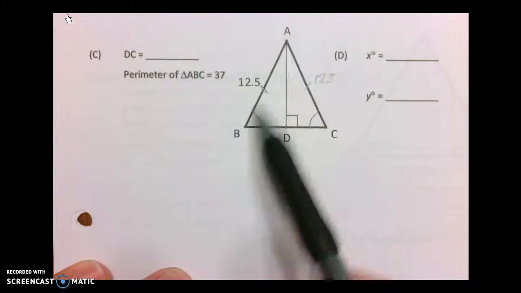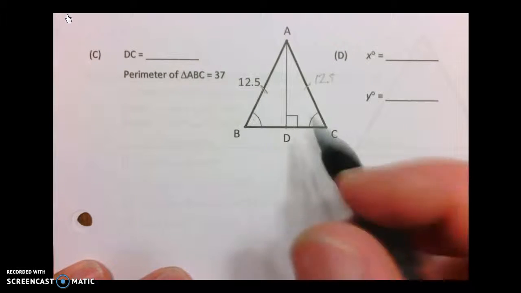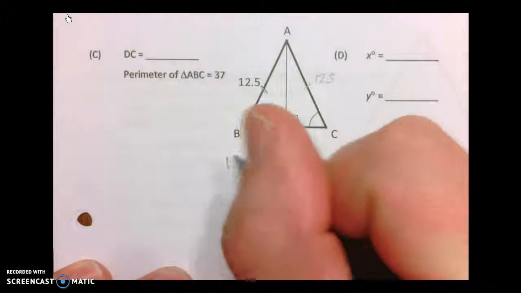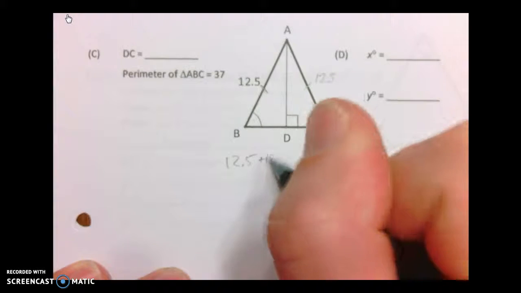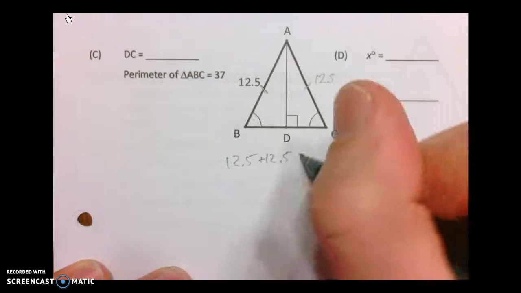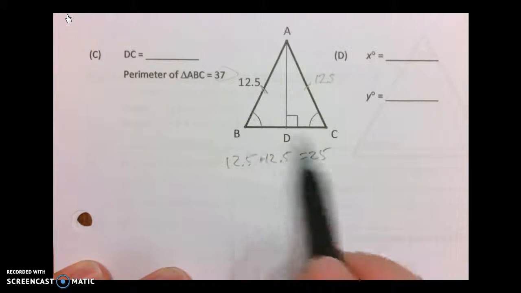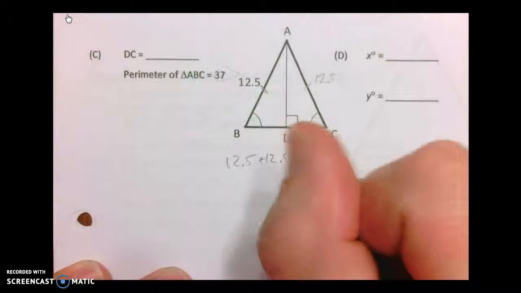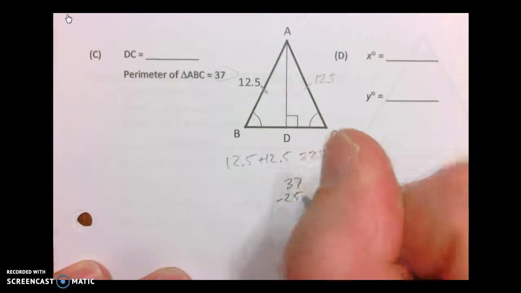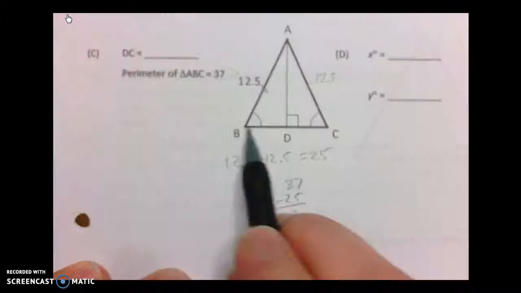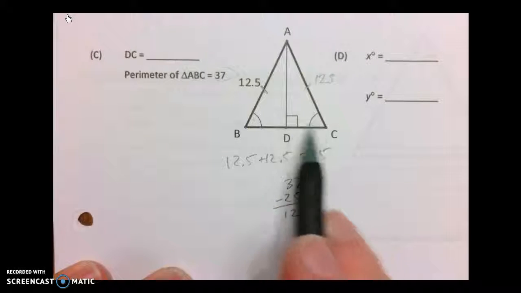Now, if we know the perimeter of ABC is 37, we can do 12.5 plus 12.5 equals 25. And then if we take that away from the 37, that will give us what's left down here. So we do 37 minus 25, and that would equal 12. So we have 12 for the full distance across here, but it's asking for DC.